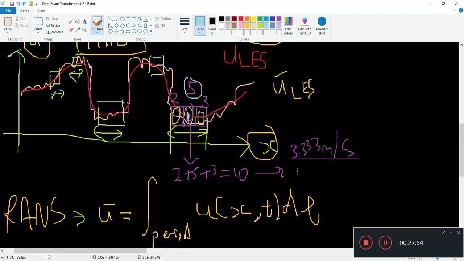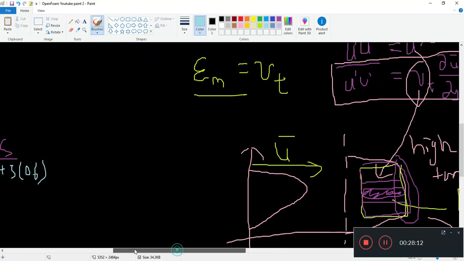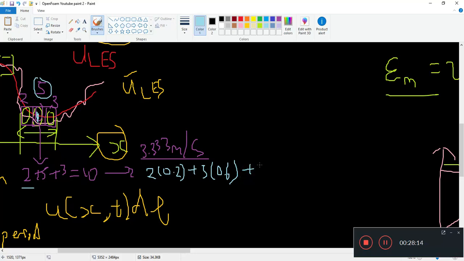Instead of giving them all equal weightage, maybe I'll give the 2 at the side a weight factor of 0.2, plus I have 5 at 0.6, and 3 times 0.2.